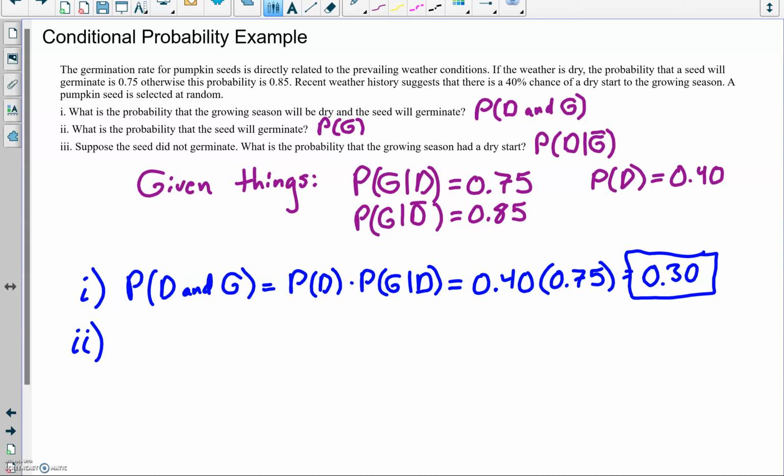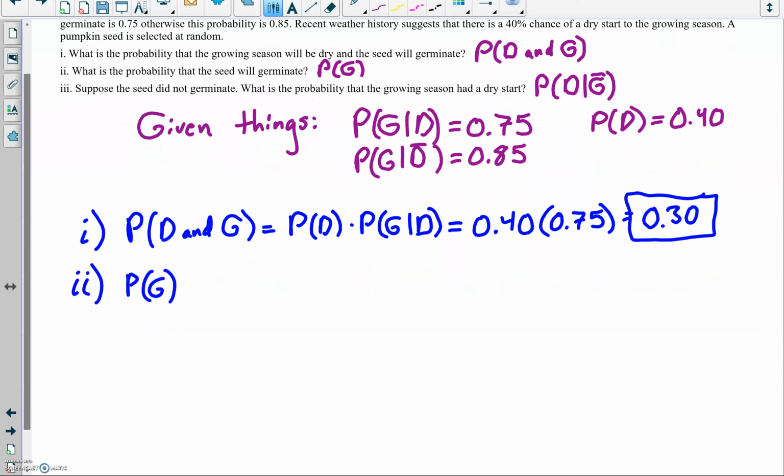Okay, now part 2, the probability that it's going to germinate. Let's take a look at this. They've only given us a certain amount of information here. In some ways, it's black and white: dry, not dry, germinate, not germinate. So I'm going to look at a little tree diagram here. The germination does depend on whether it's dry or not dry.